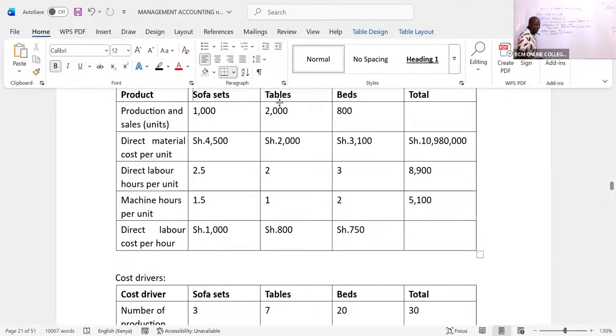I can see some other labor hours going to beds. So that will be what here, somebody? Is it 3? No, I took a wrong number. Direct labor hours, it is 2.5, 2, and 3, isn't it? Sorry for that. So 3 times the number of beds that are being produced, they're 800.